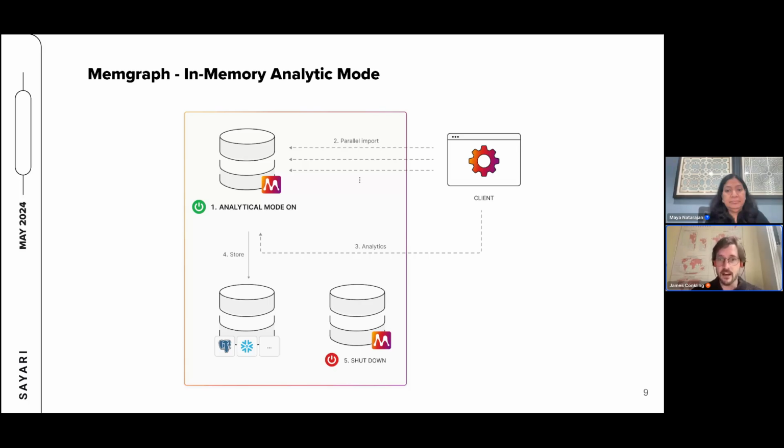Because it's a background batch process, you're optimizing throughput. So by running Memgraph in a read-only analytic mode, we split the difference between these two, and that has worked very well for us.